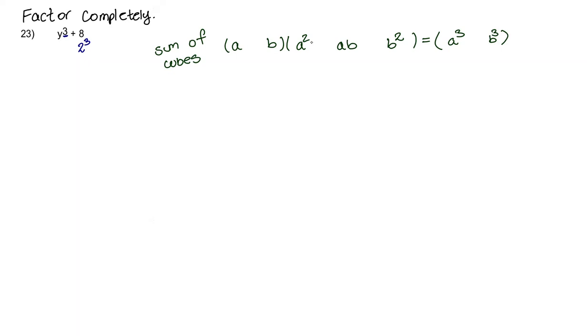a cubed plus b cubed equals a plus b times a squared minus ab plus b squared. Now notice I didn't put any signs yet, and that's because I want to emphasize that the signs will change depending on whether you have a sum or a difference.